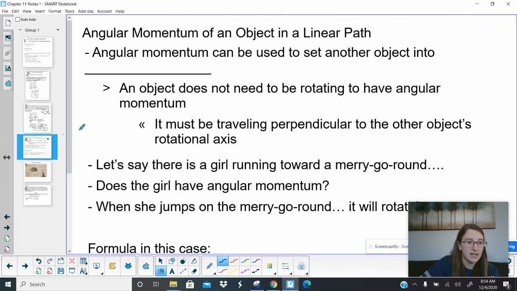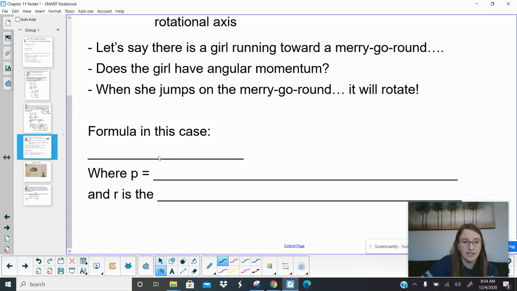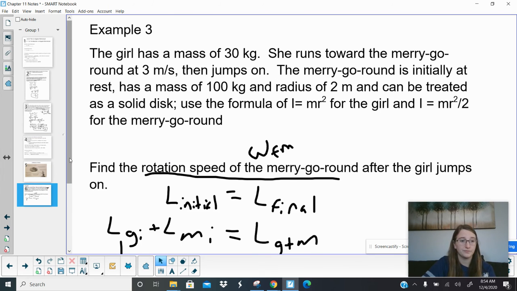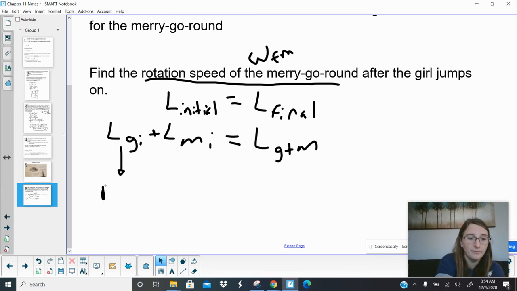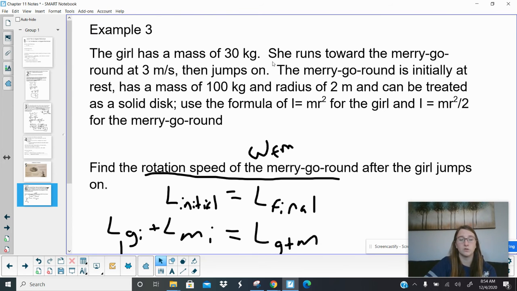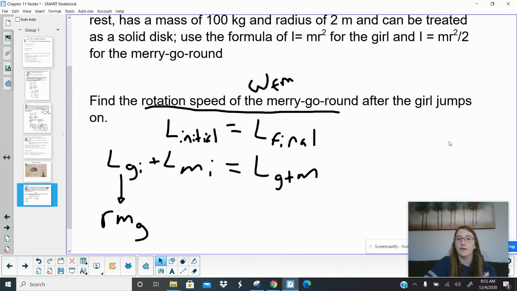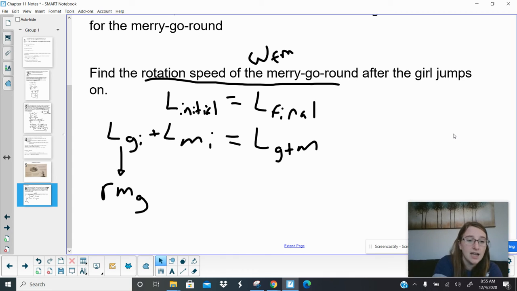Looking back to the slide we just did, we have R times P, and I'm going to go ahead and plug in the formula for P. So P is the mass of the girl. Remember, guys, it's very important when we use these subscripts: the girl and the merry-go-round have different masses. Times the girl's initial speed. So that's our formula for the girl.